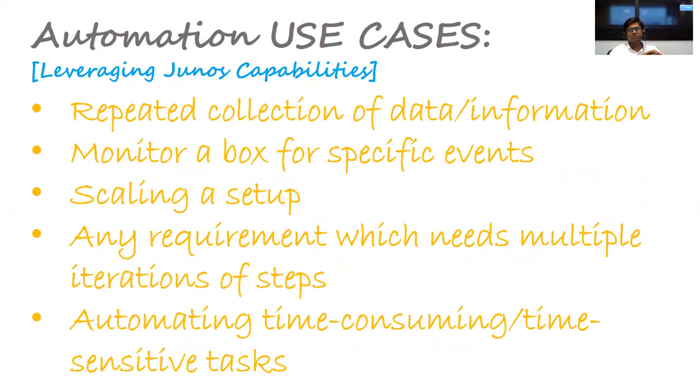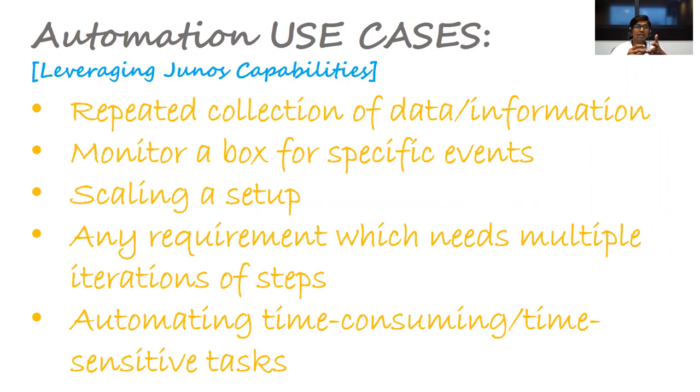Automation use cases. Before moving to this part, I just want to explain what the use cases of automation are. Whenever you want to do some job which is done repeatedly, assume I want to monitor the box, monitor a specific BGP neighbor in the box, or monitor the interfaces of the box. These are a few use cases.